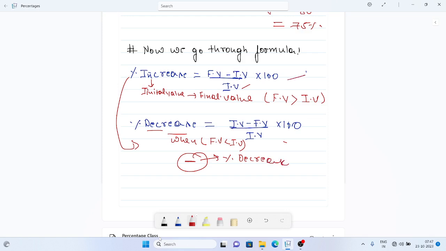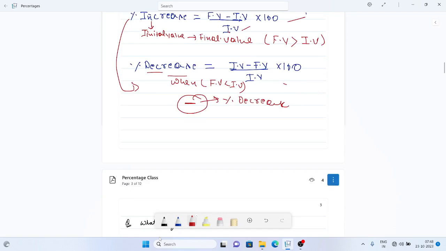But you have to go carefully with that. If a minus sign comes, it means percentage decrease. Got this?